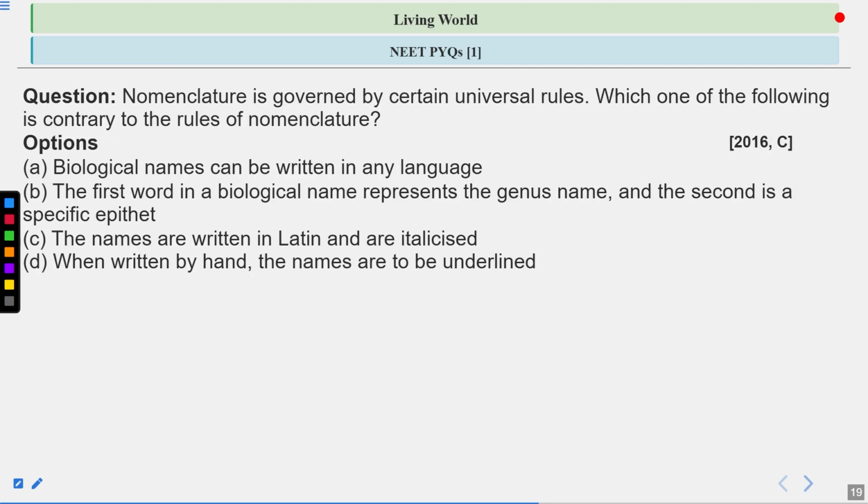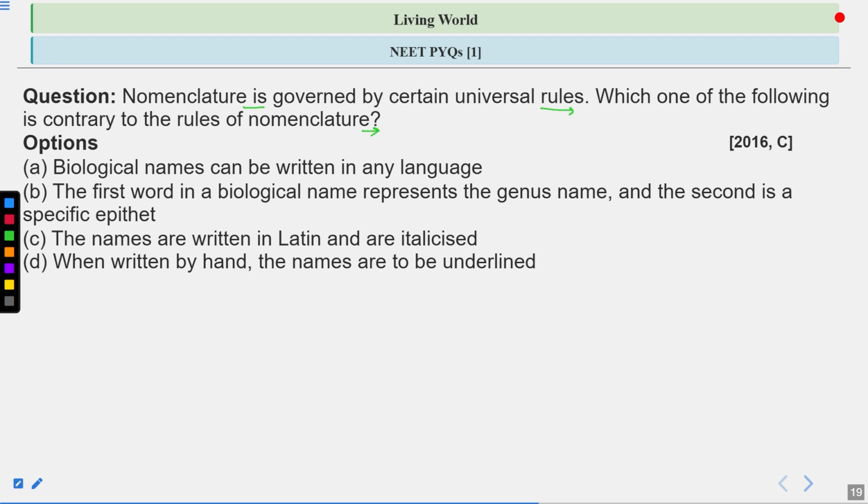Now let's discuss the NEET previous year questions. This question came in 2016. What is the question? Nomenclature is governed by certain universal rules. Which one of the following is contrary to the rules of nomenclature? This question is regarding the rules of nomenclature.